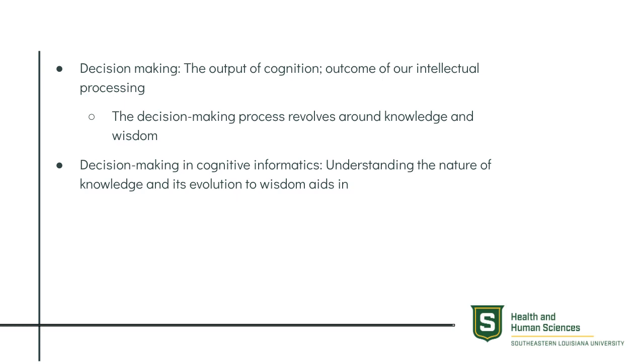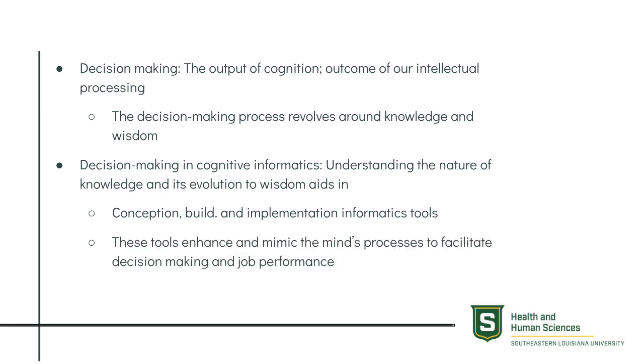Decision making in cognitive informatics is all about understanding the nature of knowledge and how it evolves into wisdom, so that at the end of the day it aids in the conception, build and implementation of informatics tools, which we'll talk about in the next learning objectives.